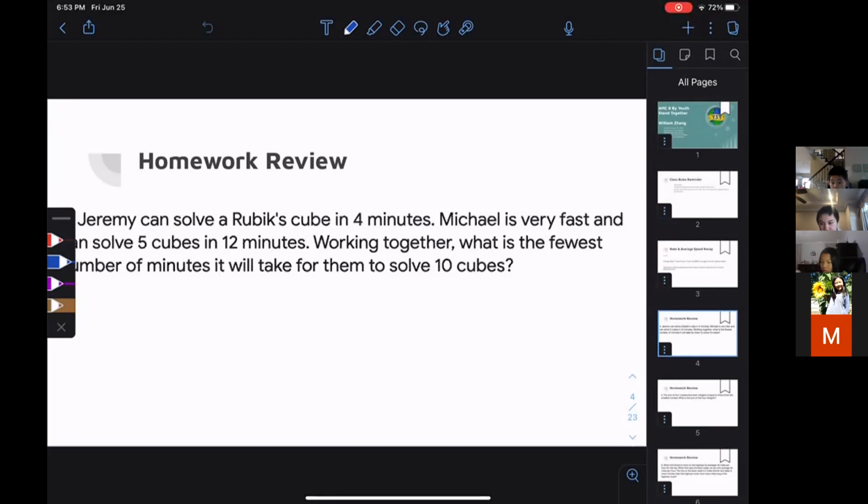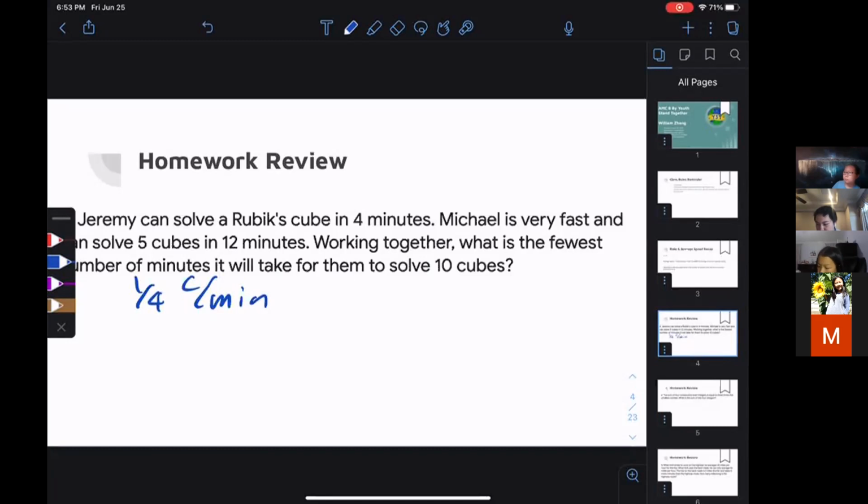All right, so I don't really see anyone raising their hand, and I often run a bit short on time, so I'll just go over this one myself quickly. Somebody's asking me about this, so yeah, I'll go over it. If Jeremy can solve one Rubik's Cube in 4 minutes, then his rate is essentially 1/4 of a cube per minute. Similarly, Michael is fast and he can solve 5 cubes in 12 minutes.